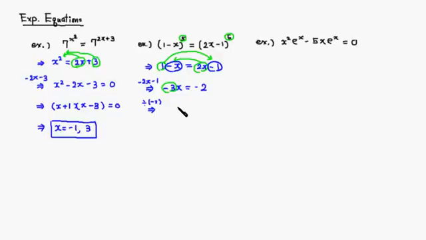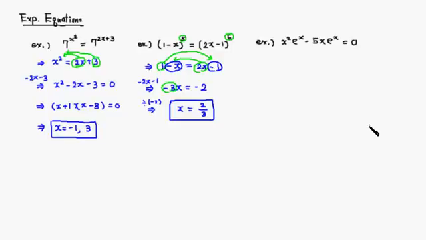So that will give you x is equal to negative 2 divided by negative 3, which would be 2/3, because negative signs cancel out. So x equals 2/3 is the value of x. So that's the second example. Let's look at the third example.